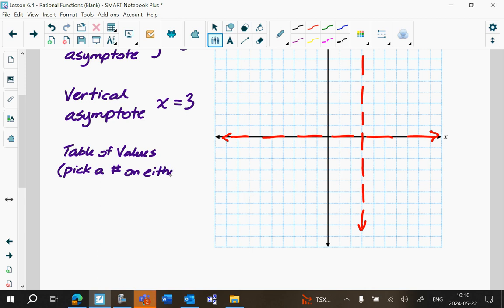So I need to pick a number less than 3, and a number greater than 3. That will get me a point in each one. Try not to make this too complicated. 2 and 4, excellent. Just go 1 down and 1 up. That's all.